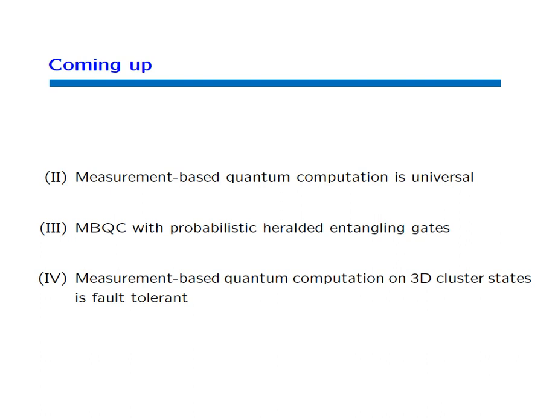The second lecture will be fairly technical, and it will also be the longest. Then the third lecture will be on a topic that I already introduced today. It will be on measurement-based quantum computation with probabilistic heralded entangling gates and its application to quantum computation with photons.